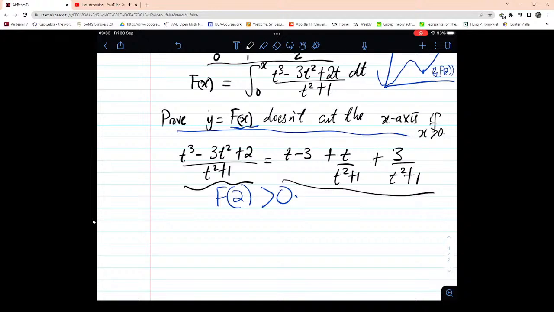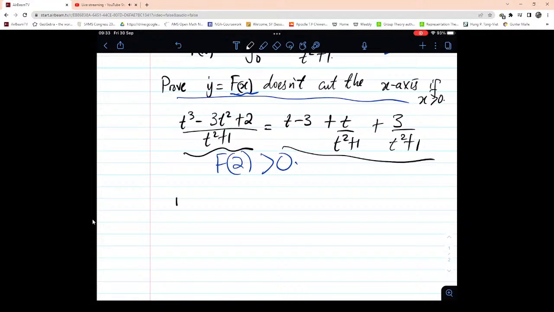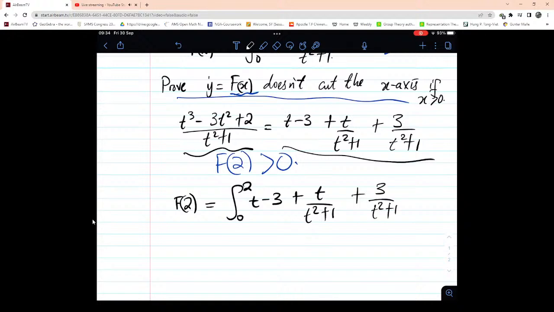So we can write this function like this, and so we've got f of 2. We want to find out what f of 2 would be, right? And so if we rewrite it like that, we've got t minus 3 plus t over t squared plus 1 plus 3 over t squared plus 1, like that.